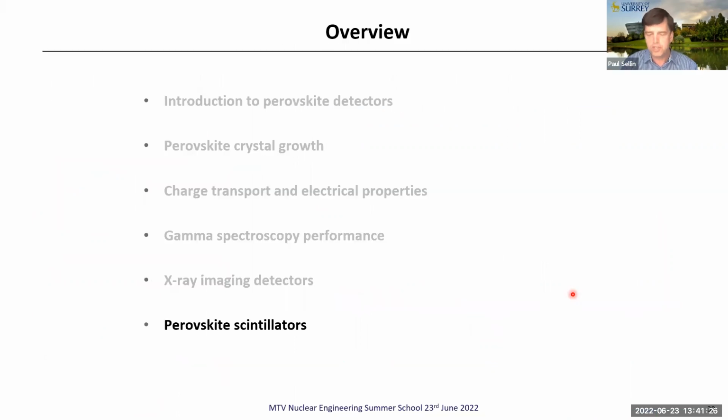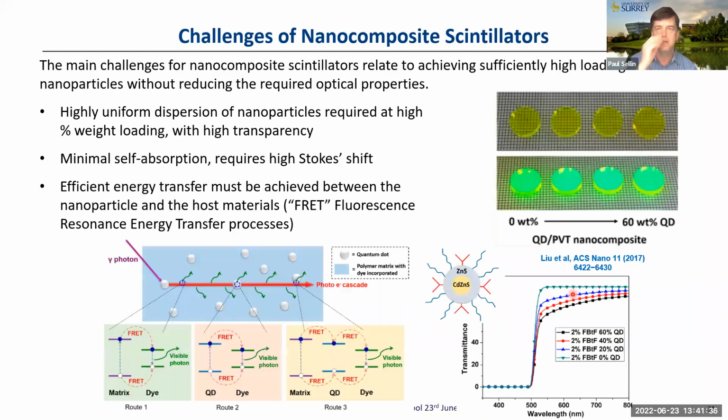So I wanted to finish on scintillators because I said at the beginning of my talk that perovskites are an interesting material because not only can we use them for direct detection, we can also use them as scintillators. And one way of doing this is the so-called nanocomposite scintillator. In a nanocomposite scintillator, we're introducing nanoparticles into either a scintillating plastic or a passive plastic matrix.